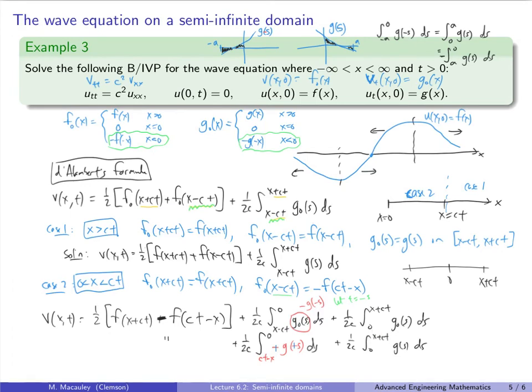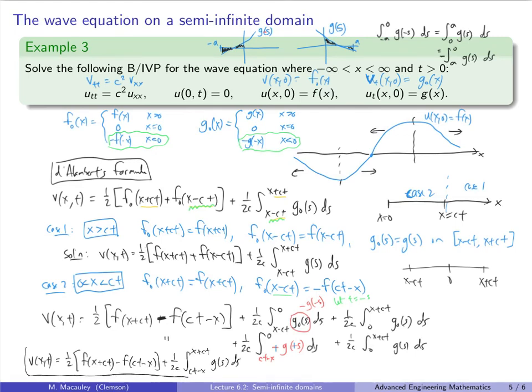So to summarize, let's write this together: v of x, t is 1/2 of f of x plus ct minus f of ct minus x, plus 1 over 2c, integral from ct minus x to x plus ct of g of s ds.